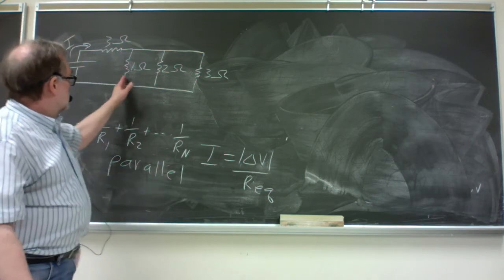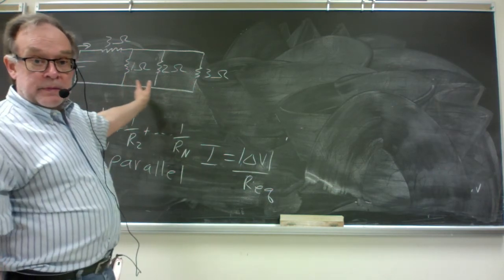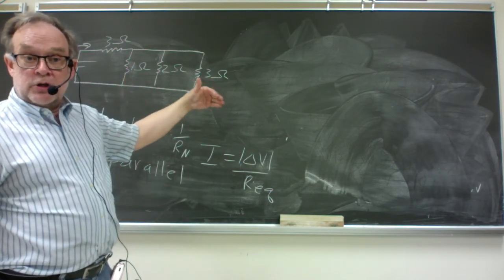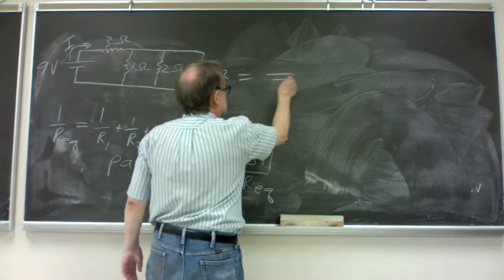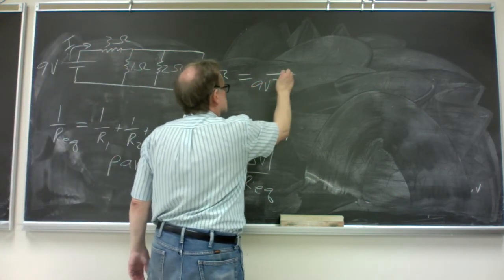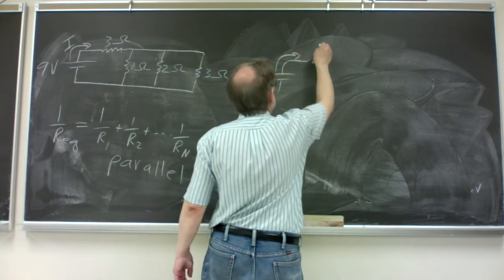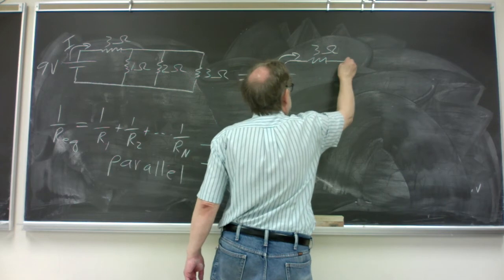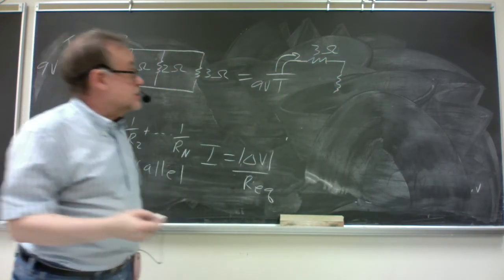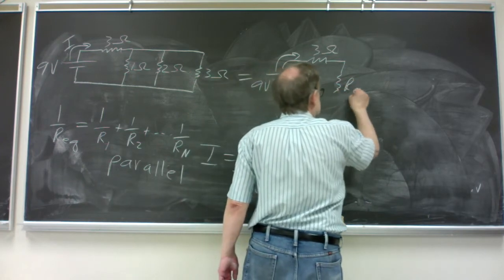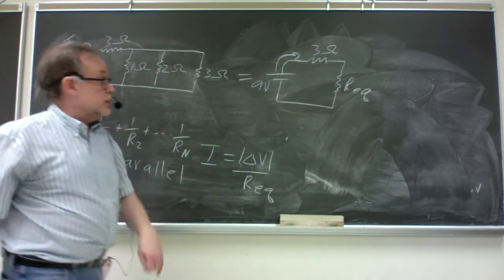Well, there's 3 that are in parallel. So this circuit is equivalent to a simpler circuit in which the same 9 volts pushes the same current through that 3 ohm resistor and one equivalent resistance that has the same effect as those 3.